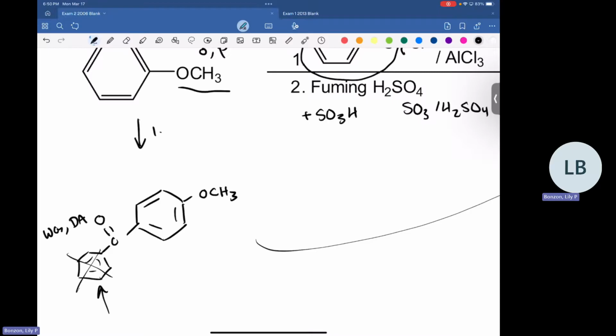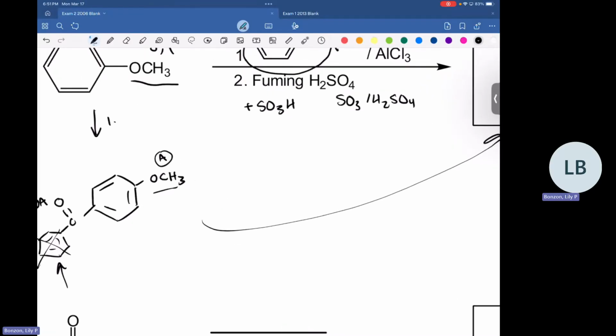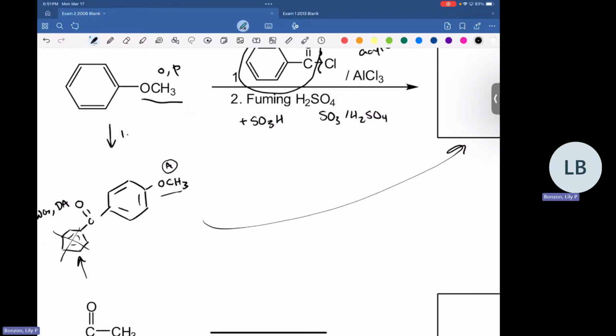Kind of the ring that we started with the OCH3. Remember that OCH3 is an activator. We do have this deactivating group, but in this case, the activator will kind of win, and we'll put the sulfate group onto that ring. So again, it's the same structure as before. It's an ortho-para-director.